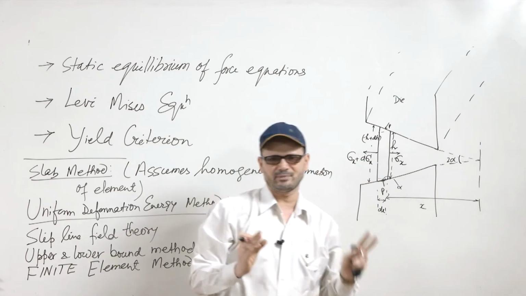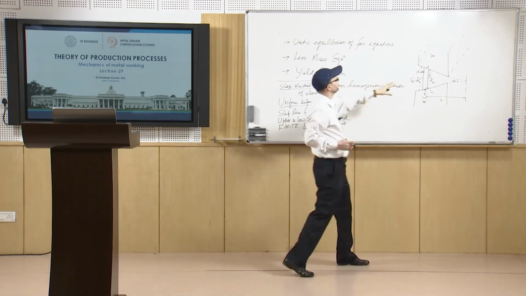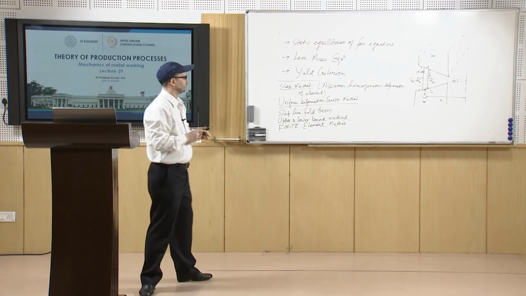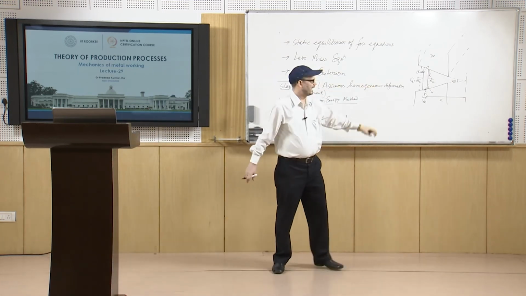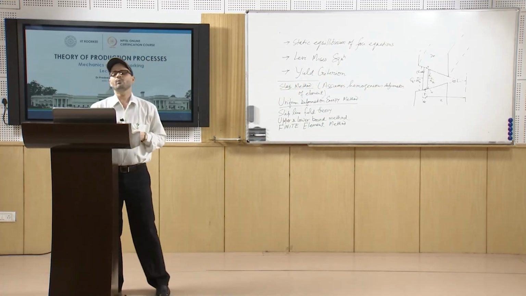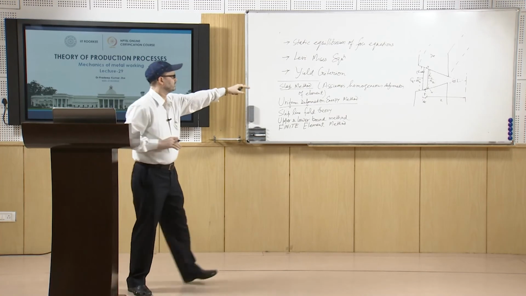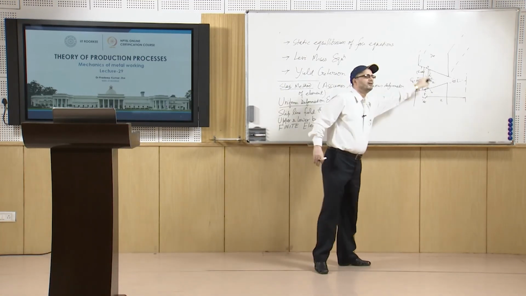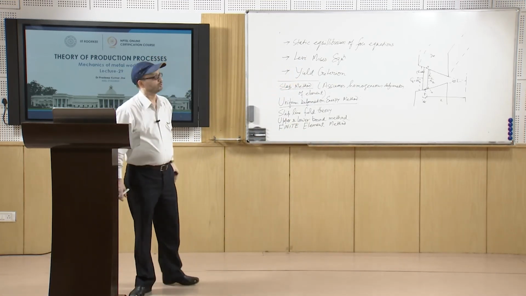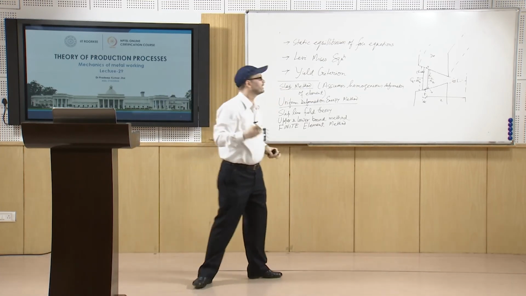From both sides P is coming in opposite directions, so that results in sigma y equal to P. Then you will use the yielding equations, and from that you will get the expressions for these stresses in terms of the height and also the yield strength of the material. That way the expression is achieved, and you try to find the stresses at different heights.